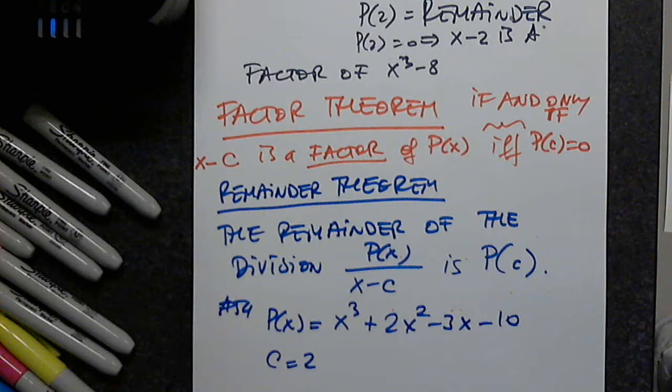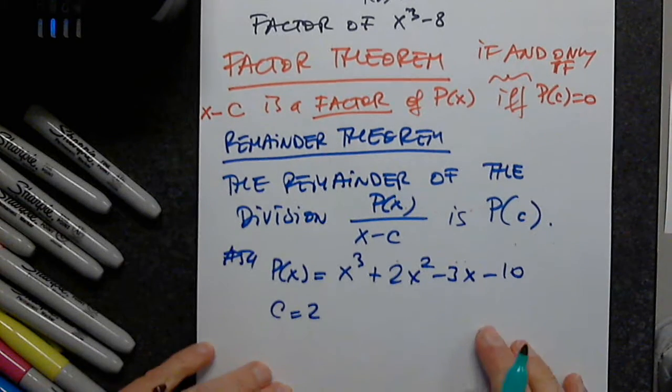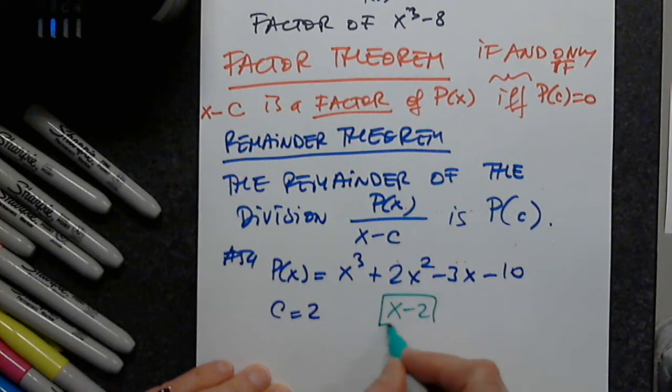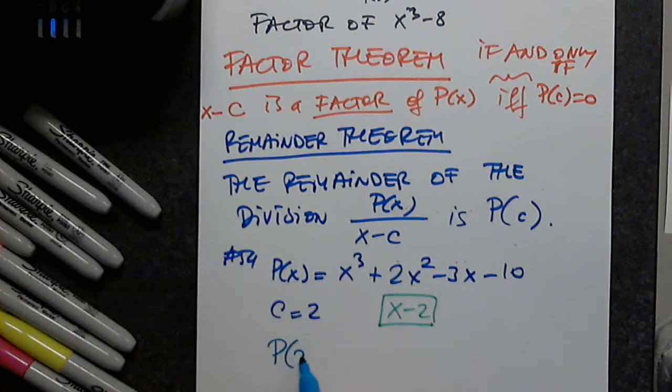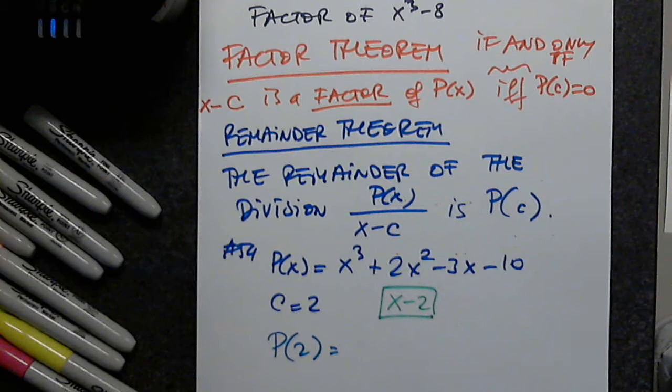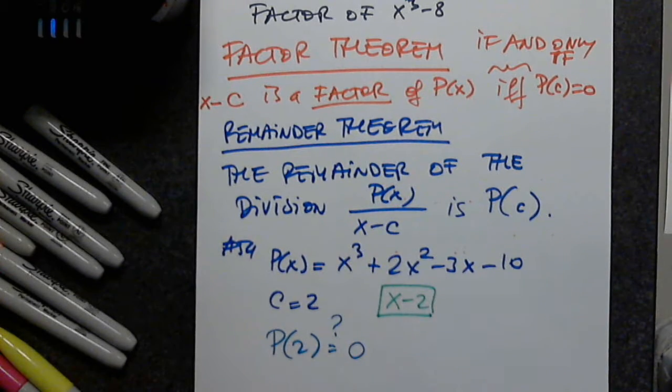So we're asked to show that x minus c, which is x minus 2, is a factor or is not of this polynomial. What do I have to determine? P of 2. What should P of 2 equal in case x minus 2 is a factor of this polynomial? 0. It should equal 0. If it does not equal 0, then what will I say about x minus 2? It's not a factor of the given polynomial.